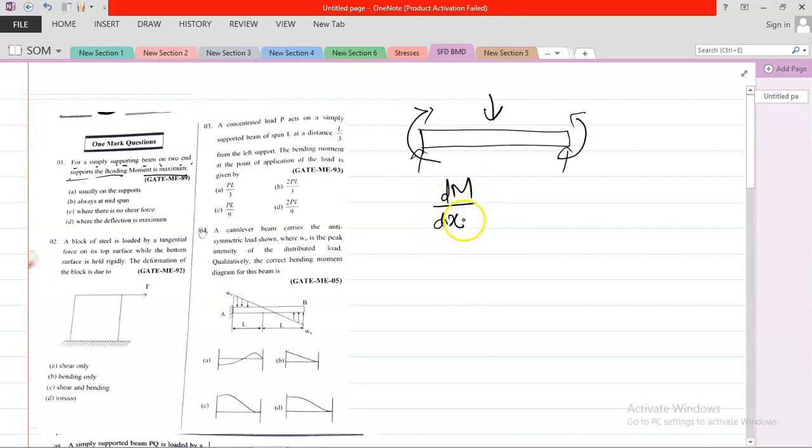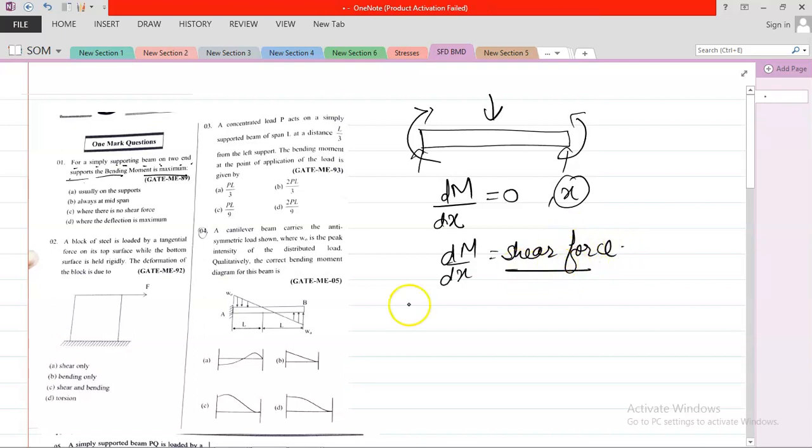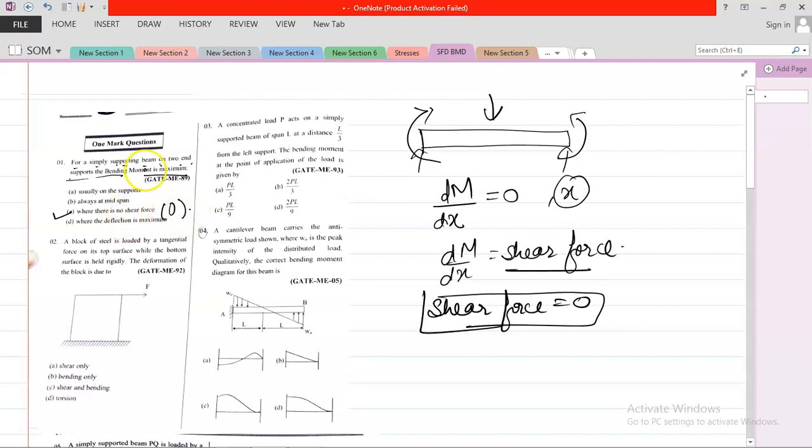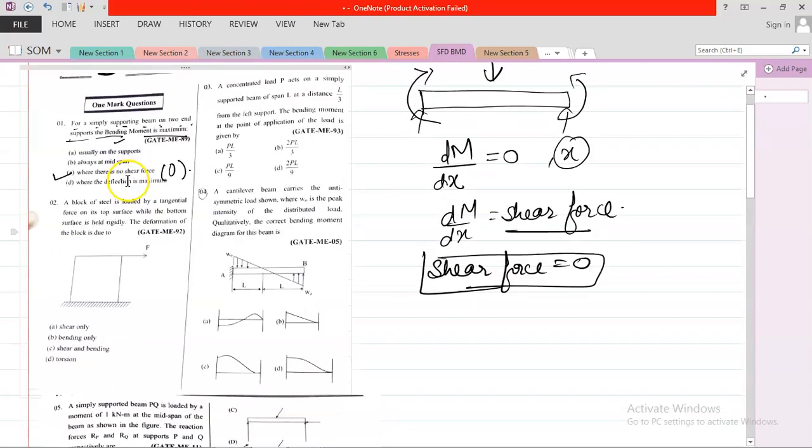The maxima and minima says, if you differentiate M with respect to x and equate to 0, you get the location of x. Now you also remember that dM by dx is also the shear force. I just told you dM by dx is shear force, in slope and deflection. So that means wherever the shear force is 0, you have the maximum bending moment. So the answer is, where shear force is 0, you have the maximum bending moment. So the first option is this.